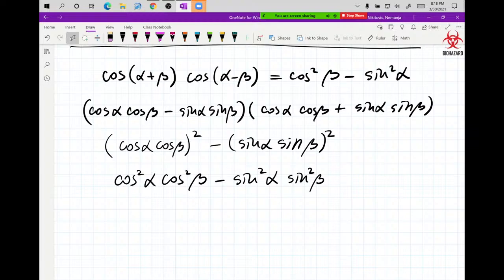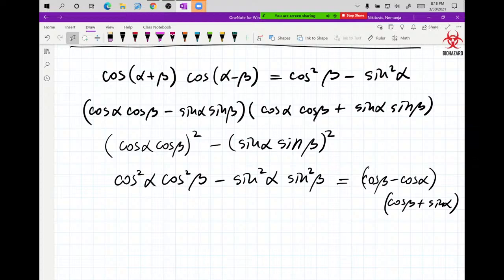Now, if you write the other side expanded, it will be cosine beta minus cosine alpha, and then cosine beta plus sine alpha, like this. Does that help?